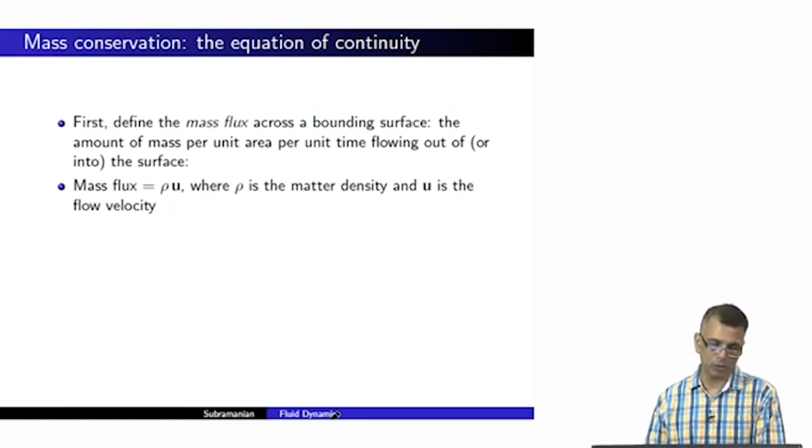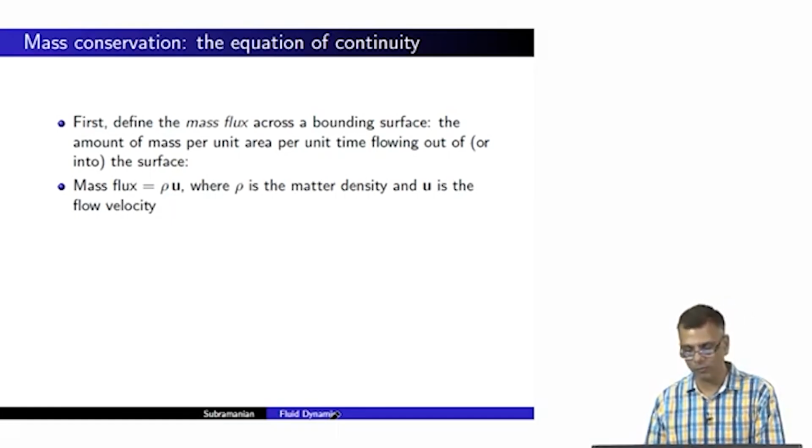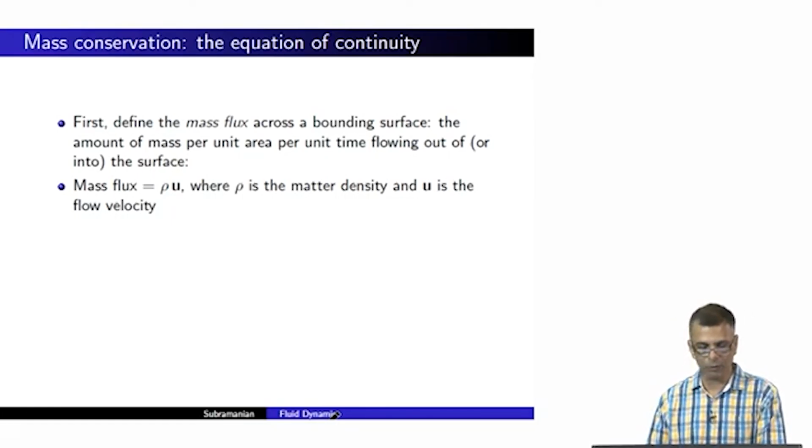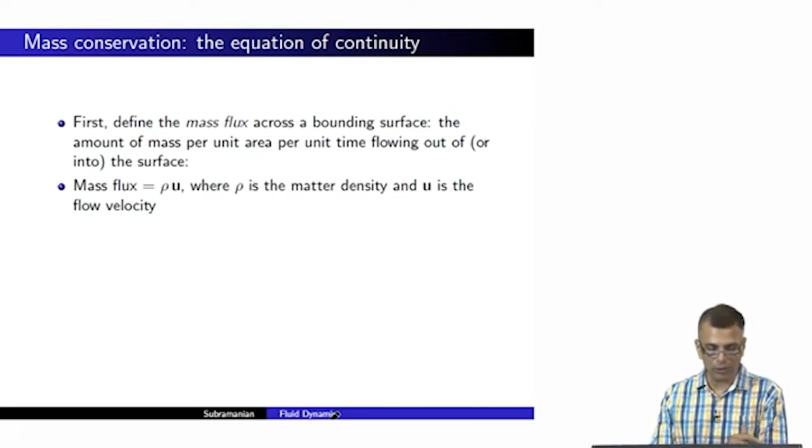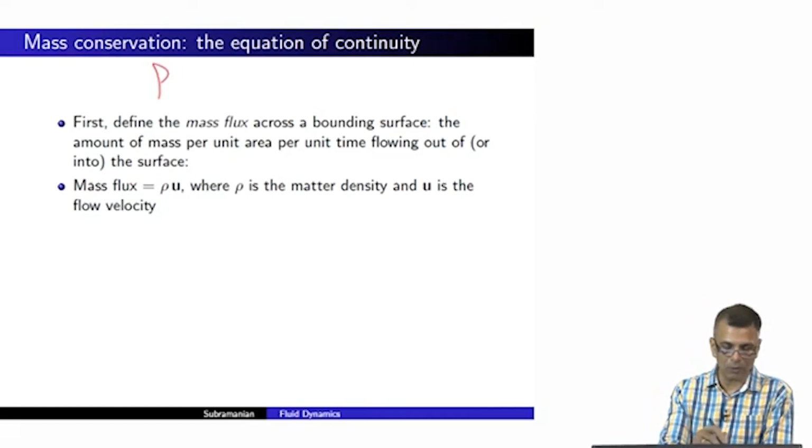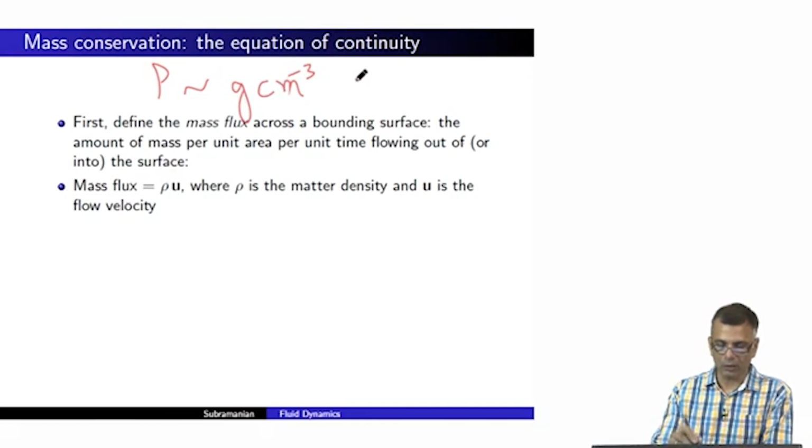Getting back, we've defined mass flux, and the mass flux is simply rho u, where rho is the matter density and u is the flow velocity. The units of rho are grams per centimeter cubed, and the units of u are centimeter per second.